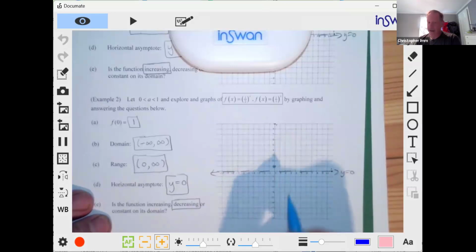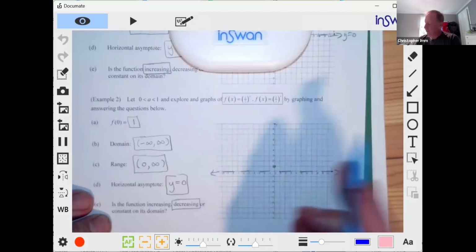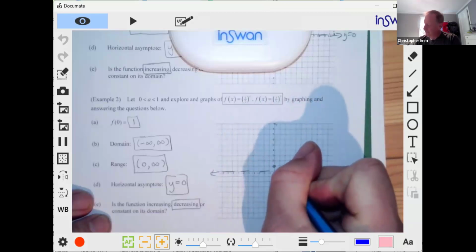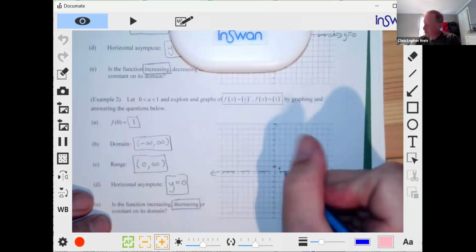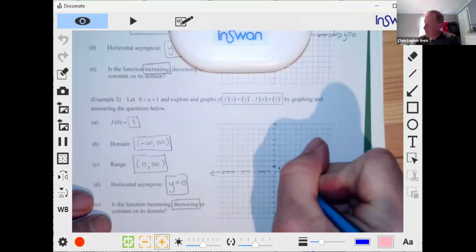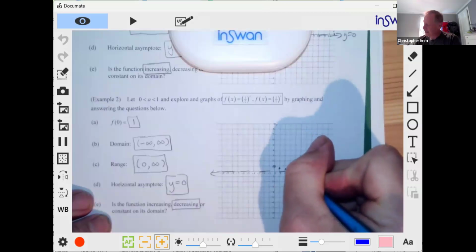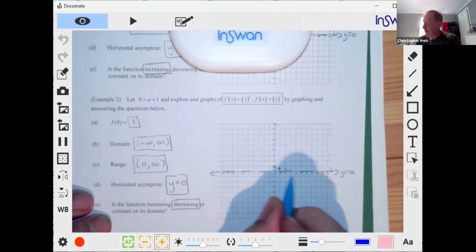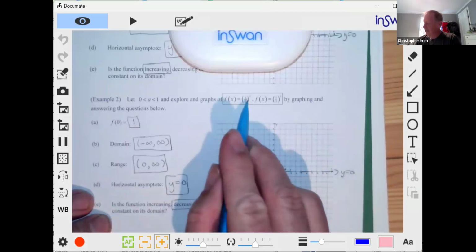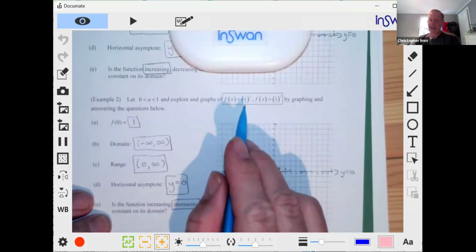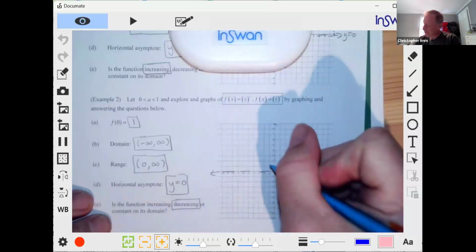So again, I plug in 0, I get 1. If I plug in 1 this time, I get 1/2. If I plug in 2, I get 1 squared over 2 squared, which is 1/4. If I plug in 3, I get 1/8. And this thing is going down to 0. However, if I plug in -1, what happens is this flips, and I get 2 to the first, which is 2.